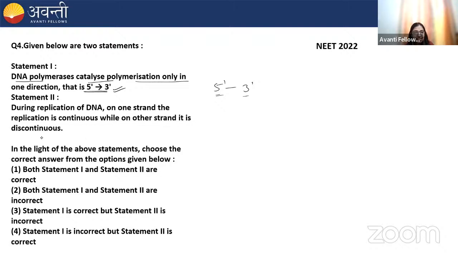And statement 2 says that during replication of DNA, on one strand the replication is continuous. Yes, we get the leading strand because the replication is continuous. On the other strand, the replication is discontinuous. That is why we get the lagging strand. We also call these Okazaki fragments. So both statements 1 and 2 are correct. So the correct option is 1.